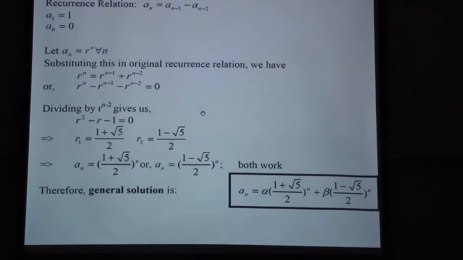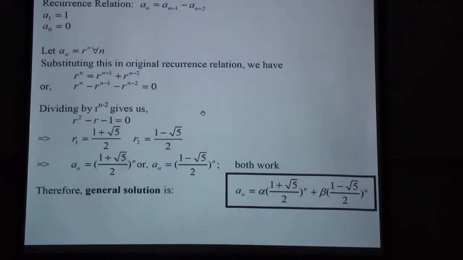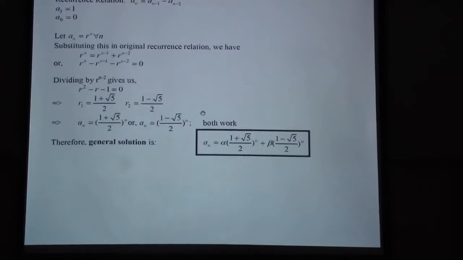So alpha plus beta is 0, which tells you that alpha and beta are opposites, because together they're 0. The second one: 1 is equal to alpha times 1 plus radical 5 over 2, plus beta times 1 minus radical 5 over 2. Okay, we're going to do that on the next slide.